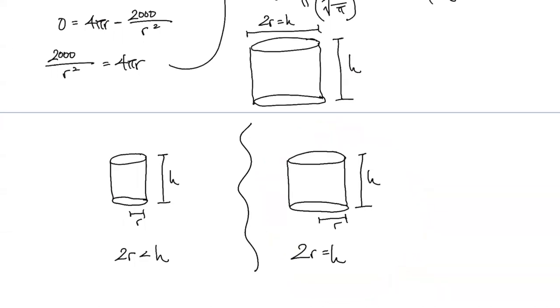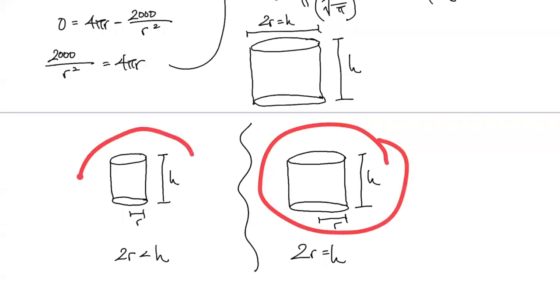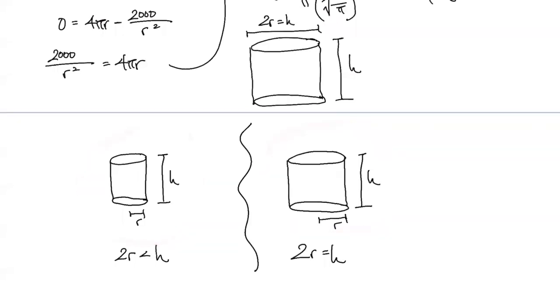So even though it saves the most amount of material, meaning it uses less material than a regular can does, why do you think people don't make this shaped can more often? Maybe packing efficiency. Yeah, packing efficiency. Maybe it's not as attractive to consumers. So even though they could save money by using less material, not that many companies choose to use this. And I think for some of us, like myself, I'm not a particularly tall person.